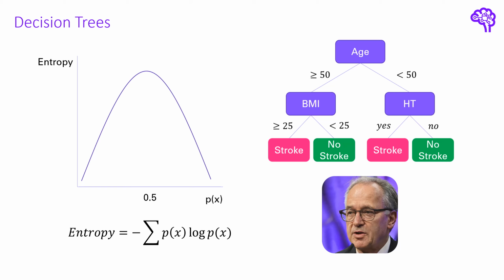Interpreting a decision tree works by starting at the root node and then simply following the edges to the leaves of the tree. In this example on the right, for John, we would check his age, he's older than 50, and then his body mass index, which is 23, and we end up with a prediction for no stroke. That means a decision tree can be interpreted as a set of if-else rules, which are human-friendly explanations.